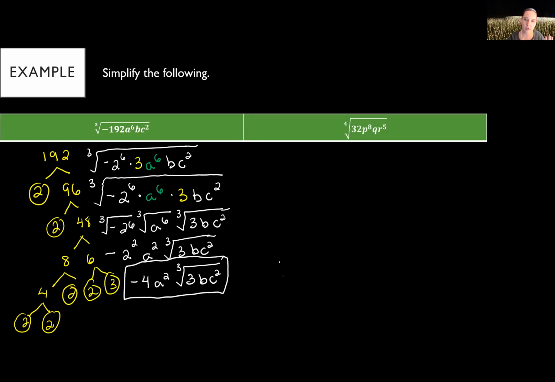So the commutative property of multiplication allows us to rearrange the order of things that are multiplied. So you can rearrange them any way you want, but you want to try to do it in a smart way that makes it easier for you. So if color coding helps you keep track of everything, go for it.